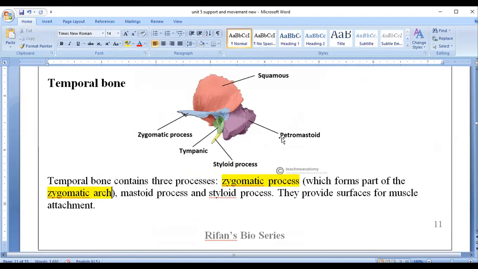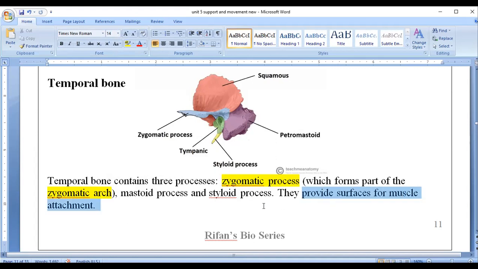Another two processes are there. One is called the mastoid process. You can see it here in the purple color. It is written as petromastoid. Our syllabus is mastoid process. Another process is here, down like a needle, that is the styloid process. All these processes have one common function.